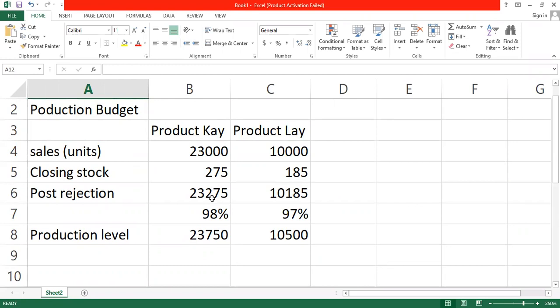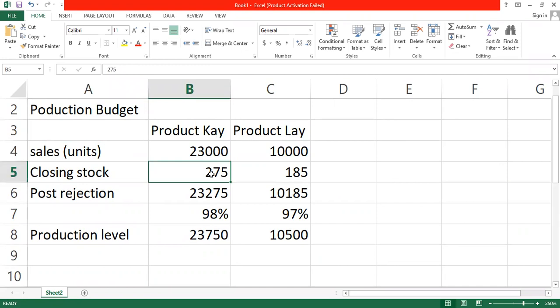It means that this is not the total unit of the goods produced. The total unit of the goods are different, and 2% of the total unit are being rejected, isn't it? It means that this represents the 98% which was approved. If 2% were rejected, then 98% were approved. So the 98% now is the 23,275.